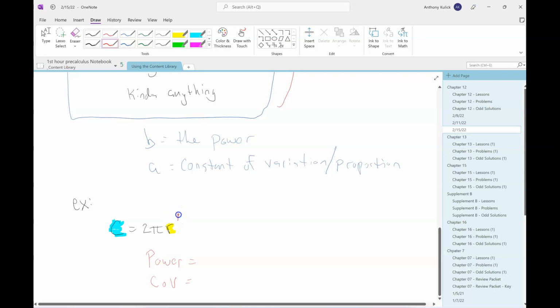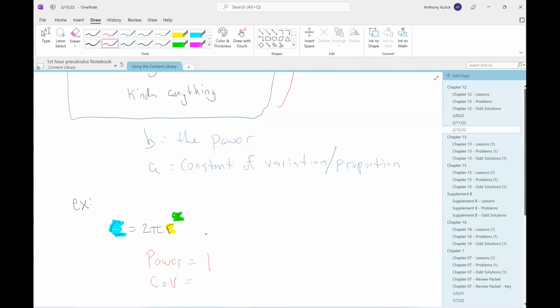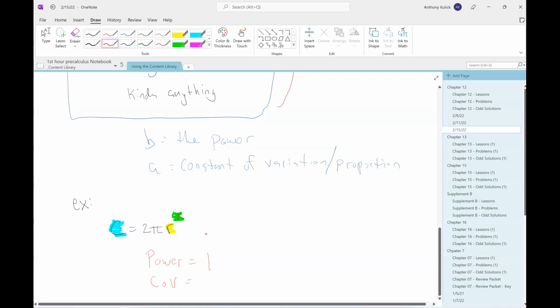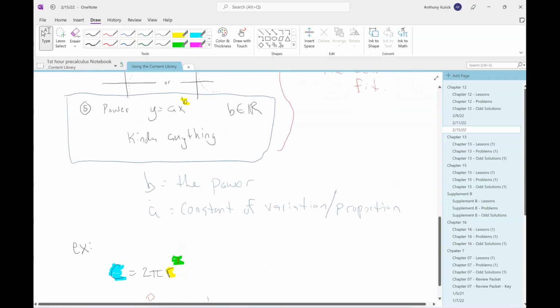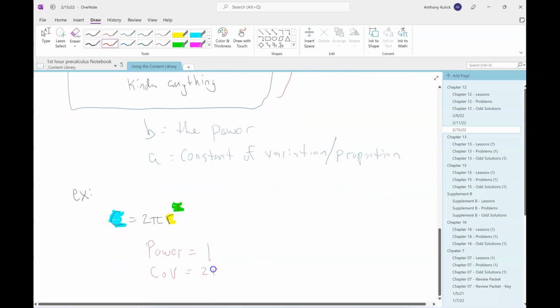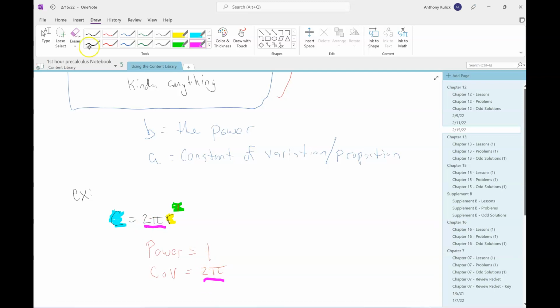It's 1. Yeah, it's the exponent on the independent variable, which in this case is just 1. What's my constant of variation? It's 2 pi, yes. So just like the coefficient on the variable.